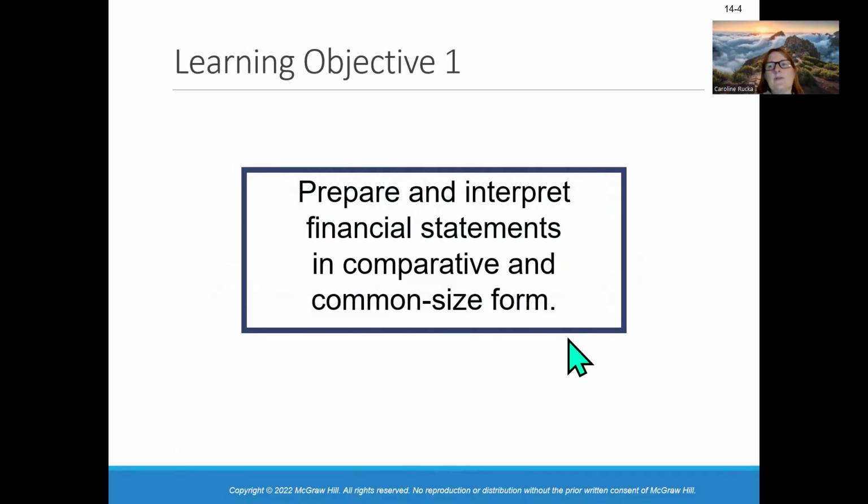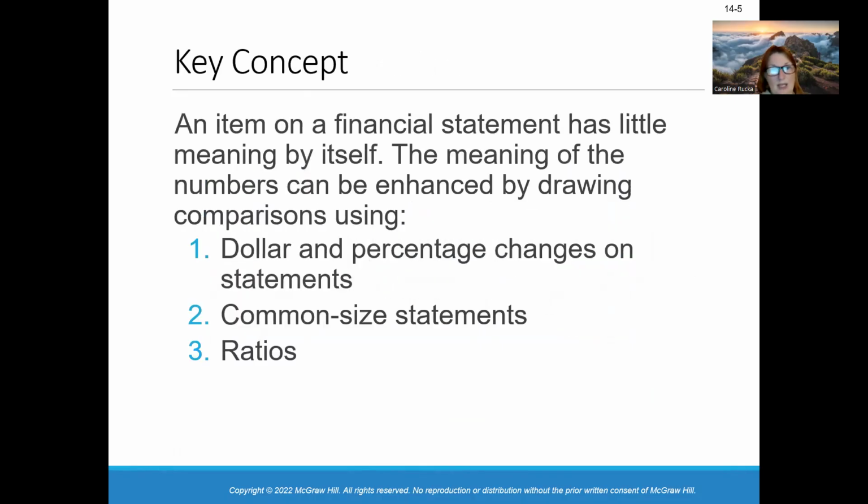So the first step for this is you want to make sure that your financial statements are in a comparative format. Okay. A single line item on your financial statements doesn't mean a whole lot. It's important to draw comparisons between numbers on your financial statements.